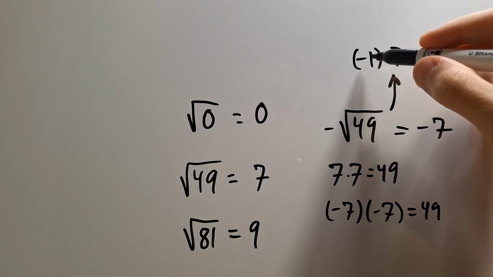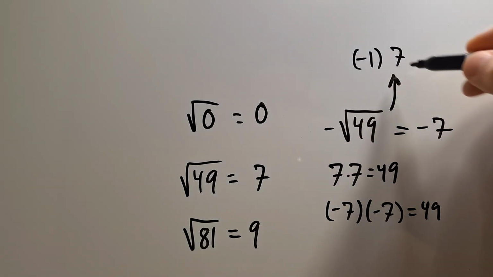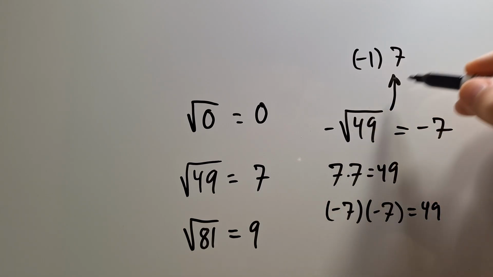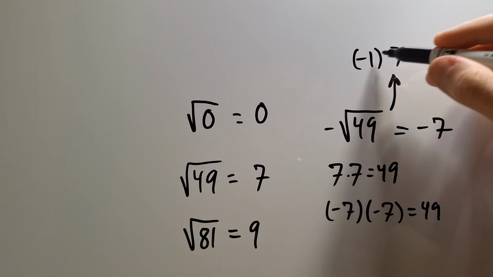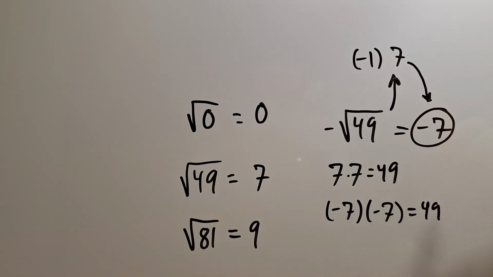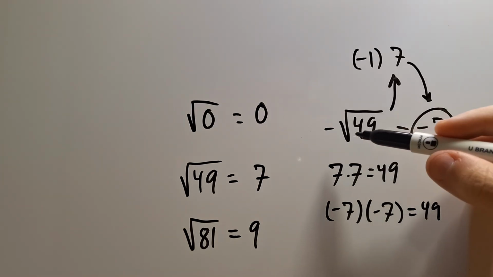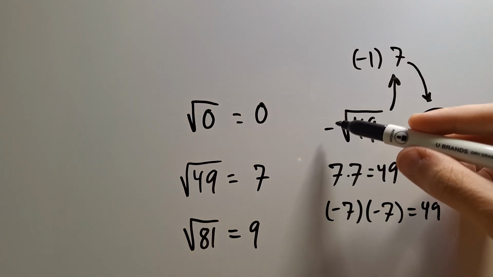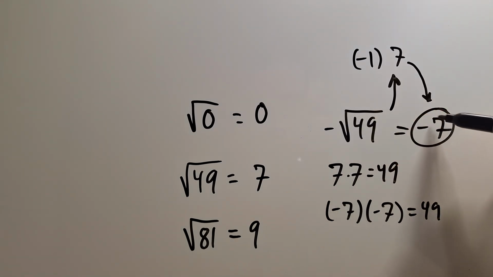Because remember, anything times 1 is itself, but specifically here we have negative 1. So negative 1 times 7 will give us negative 7. So if you ever have a negative on the outside of your radical, expect a negative answer for that problem.